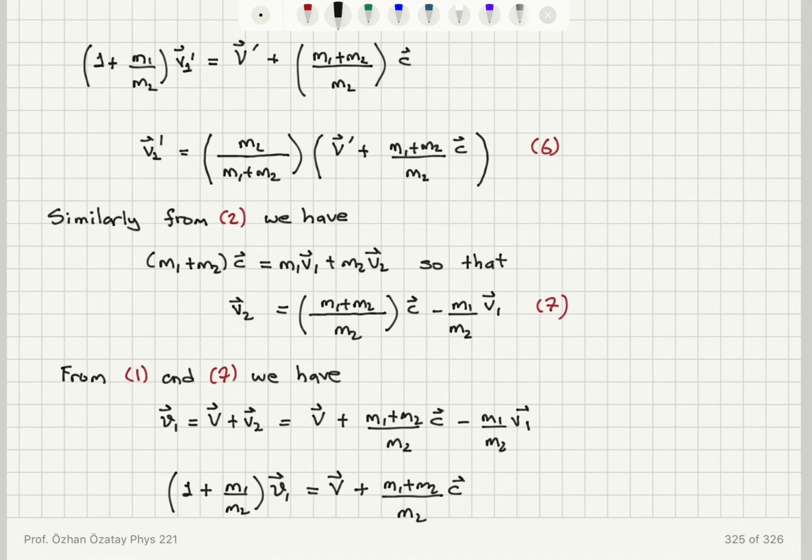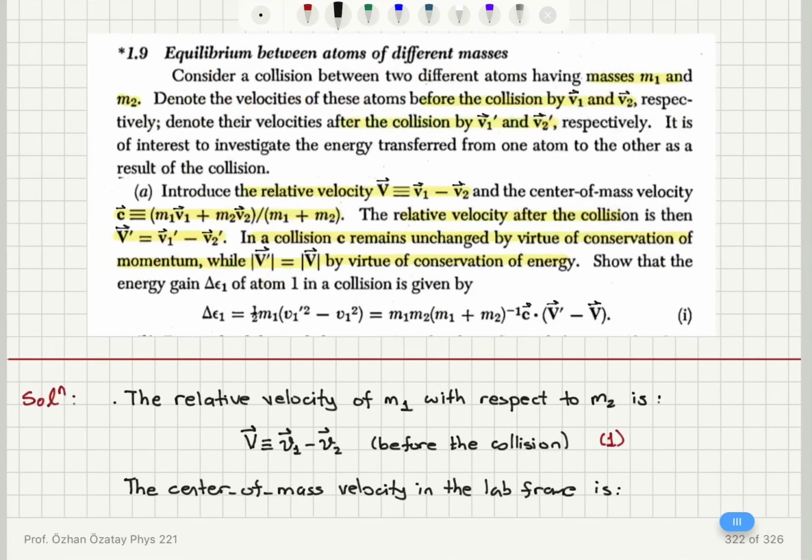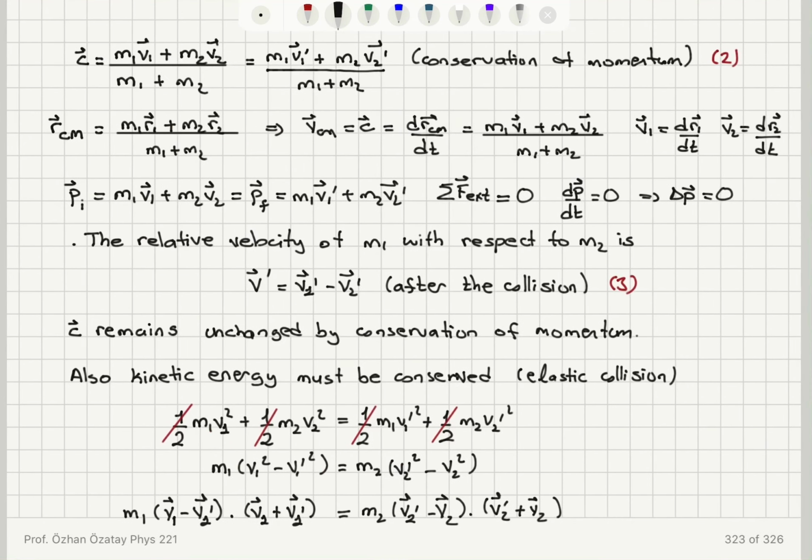Okay, so we have introduced a transformation of velocities. The relative velocity of m1 before the collision is v1 minus v2, so that's with respect to m2, so that's the first one. And the second one is equation number 3, that's after the collision, the relative velocity after the collision.